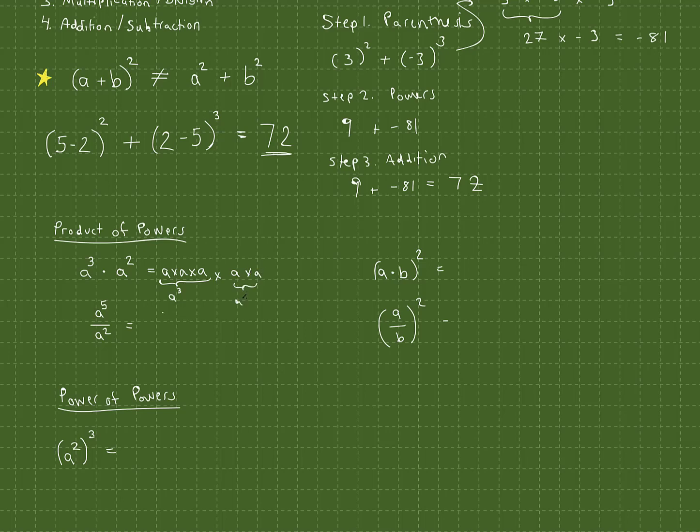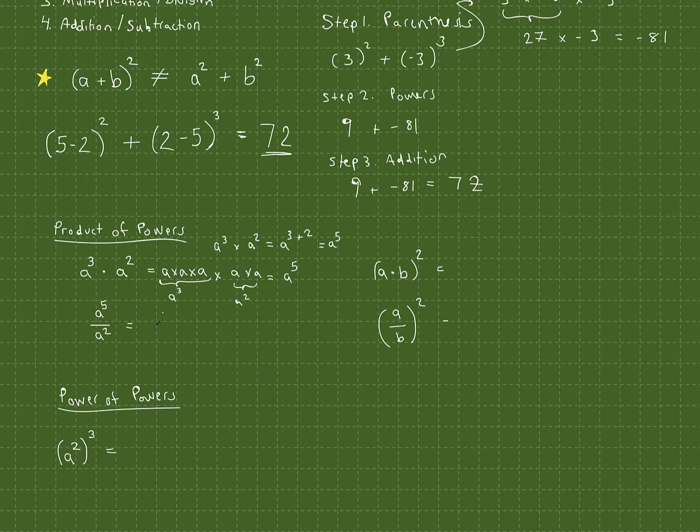When we do all of this, that's the same thing as a to the 5th power. So more generally, a cubed times a squared is going to give us a raised to the 3 plus 2 exponent, or a to the 5th. When you multiply powers, as long as it's the same base, you add the exponents.